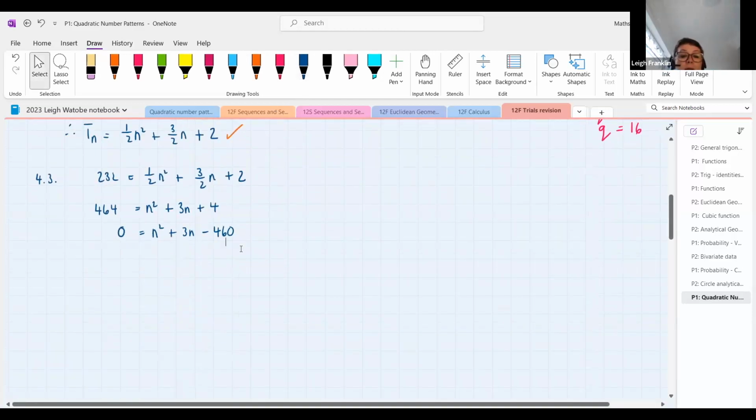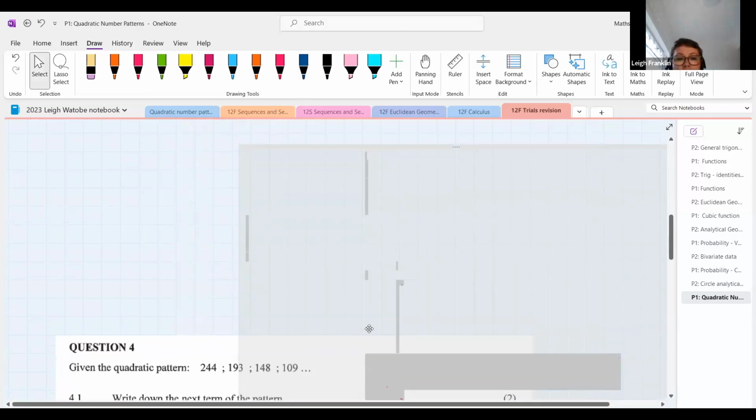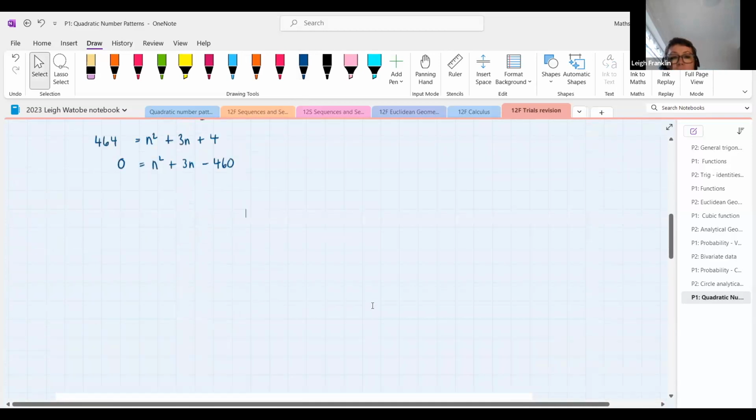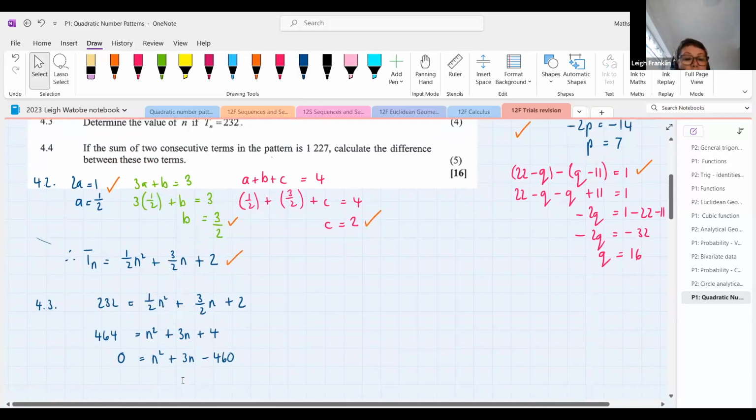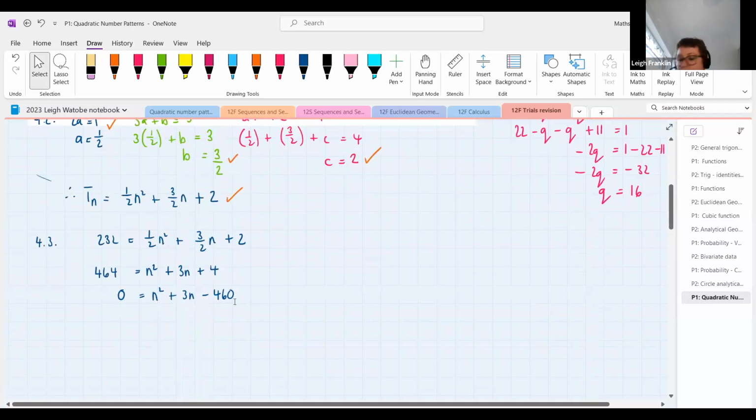Now, do not stress about trying to factorize this. Don't waste your precious time that you need to answer more important questions. If you've got a number like 460 and it's not immediately obvious to you what your factors should be, what can you use straight away that's very easy?